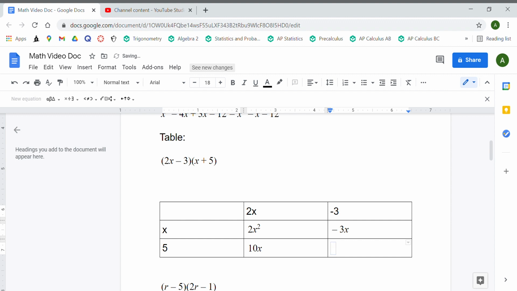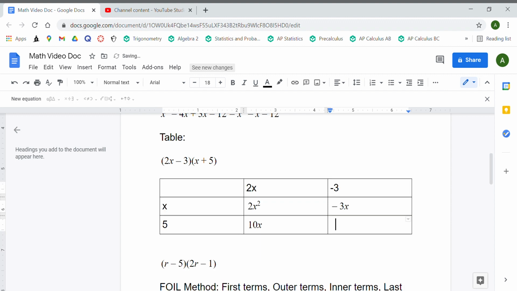And last is negative 3 times 5. It's going to be negative 15. Now if we add all those terms up, it's going to be 2x squared, 10x minus 3x is 7x, and then minus 15.